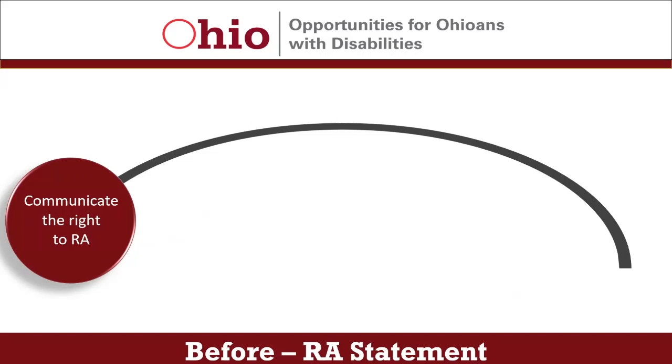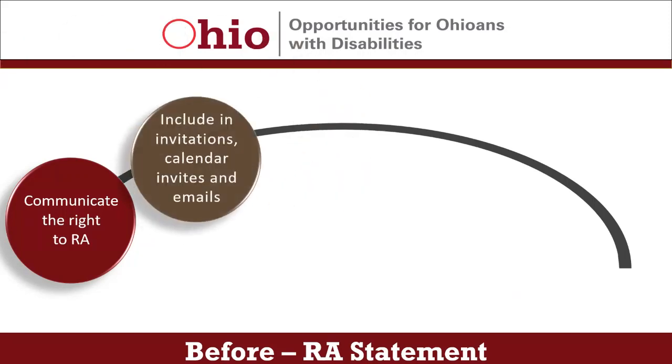We often reference one of the key areas to include this statement is in invitations to activities like interviews, presentations, meetings, and events. It's also important to include in registration forms, calendar invites, and confirmation emails. And it's important to include a description of the event with the statement so all individuals are informed and can decide whether they would like to request an accommodation.